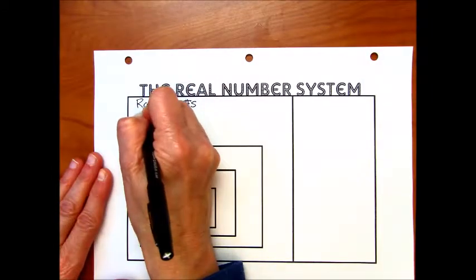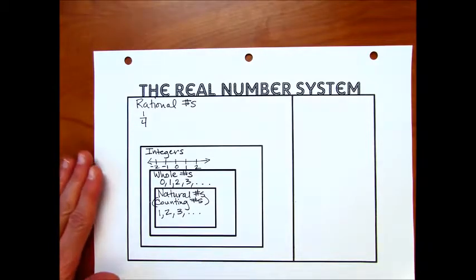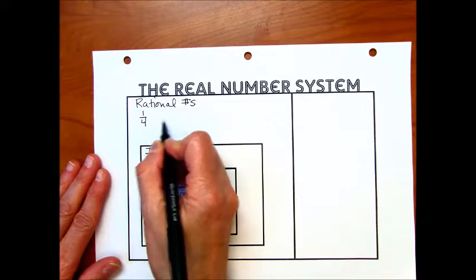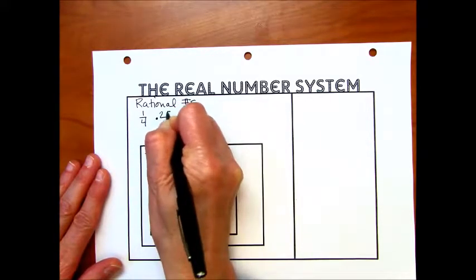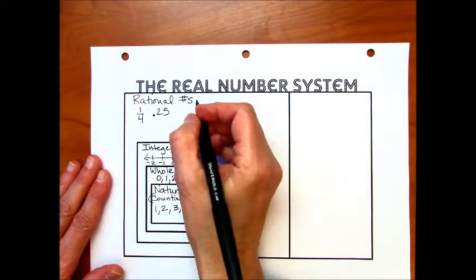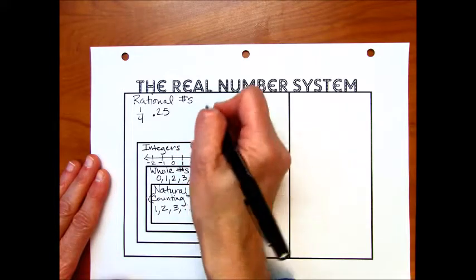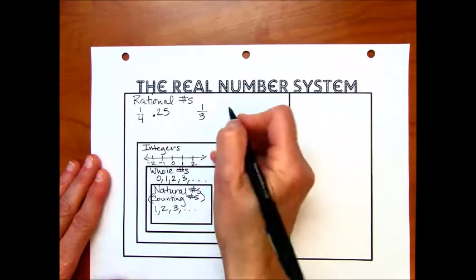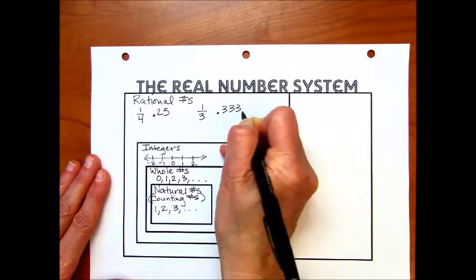If we have 1/4, this is a terminating fraction in simplified form, and I could represent 1/4 as a decimal number. Also, we have a repeating one, 1/3, which can be represented as 0.3333 and so on.